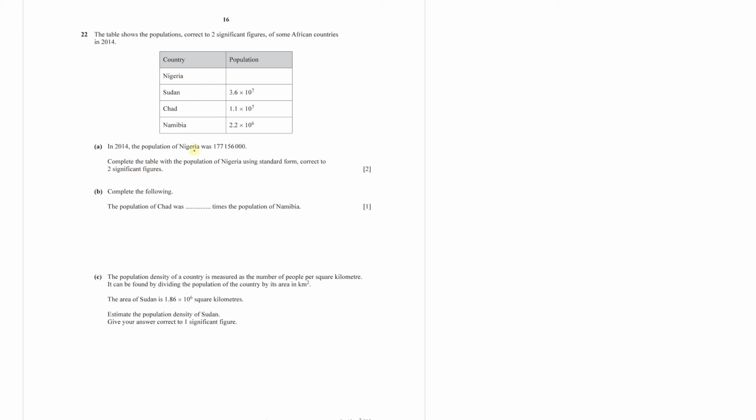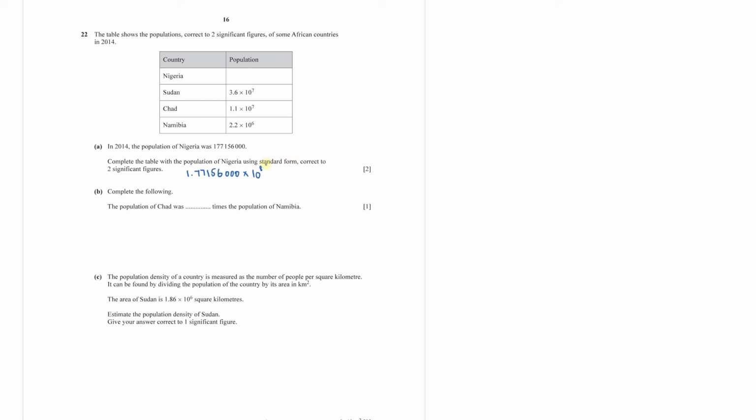So to represent this in standard form, we need to have the decimal right here. So to move the decimal to this point, from this point, you're moving 1, 2, 3, 4, 5, 6, 7, 8 places. So that would give you 1.77156000 into 10 to the power 8.